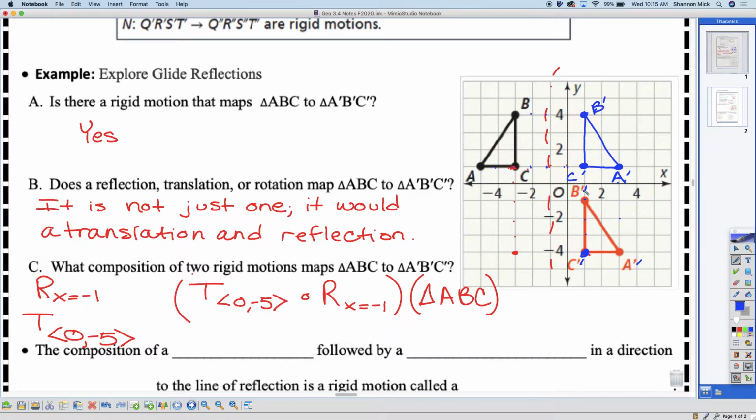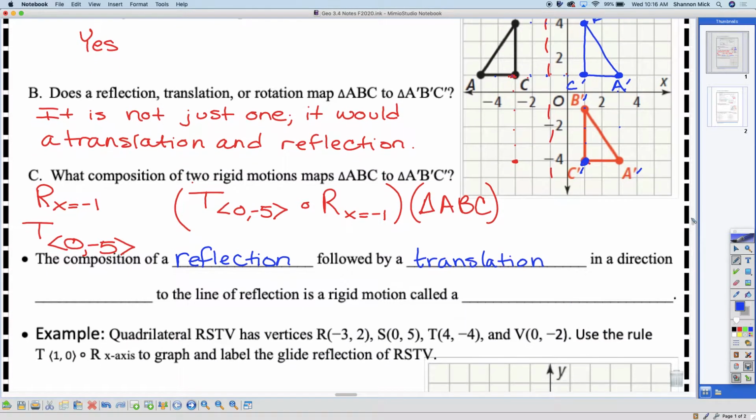Okay. So, we have the composition of a reflection followed by a translation in a direction parallel to the line of reflection is a rigid motion called a, anybody guess?